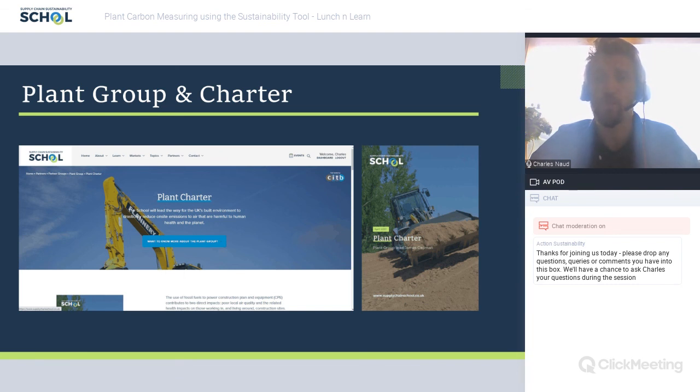The plant charter is accompanied by a minimum standards commitment that you sign up to when you're a signatory of the plant charter, and that details what levels and what types of equipment you should be using. It really goes into the details of that. Euro standards are used for road-going vehicles, and then NRMM, the non-road mobile machinery regulations, for other plant and equipment.